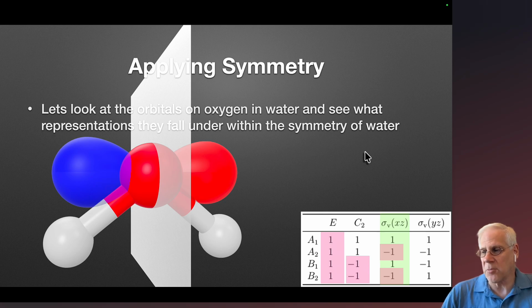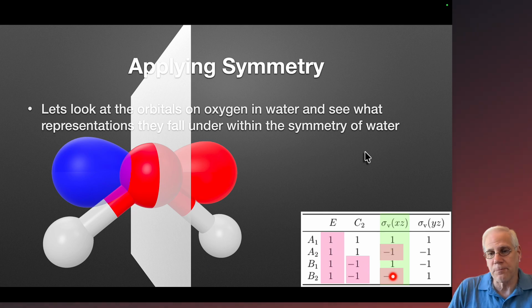So it has pretty much the exact same effect that a C2 operation has, except now it's a reflection through this mirrored plane. And because the blue becomes red and the red becomes blue, I have changed my phase. And so that means that I have a -1 trace for this operation. So I have a -1 and a -1.